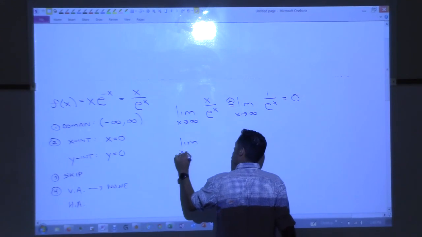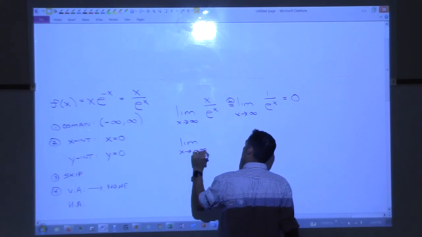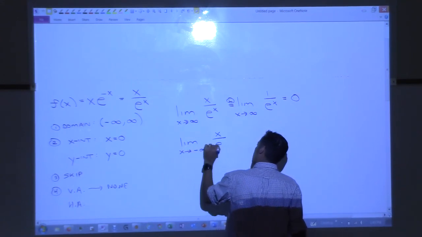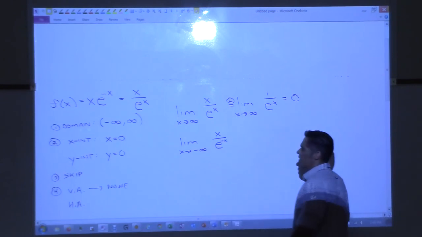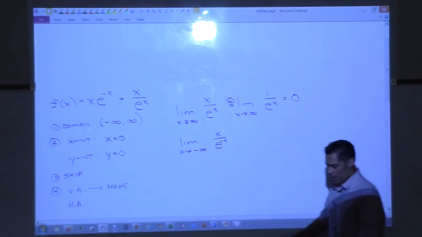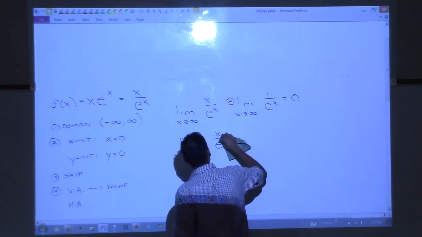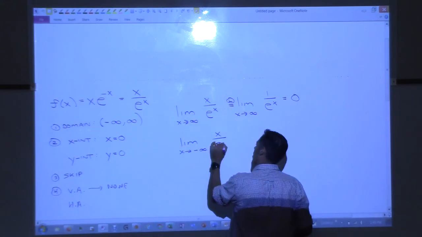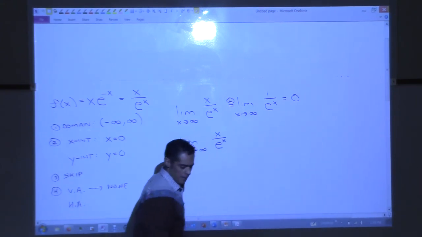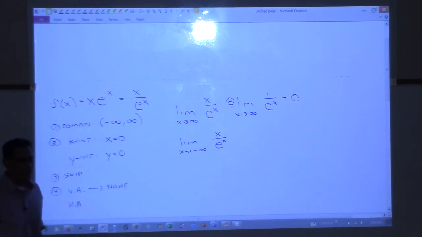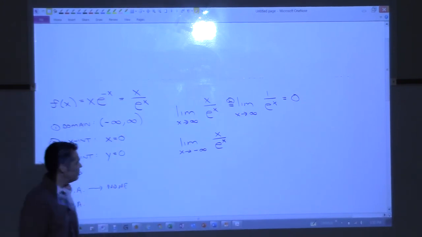Limit as x goes to negative infinity of x over e to the negative x. This one's a little tricky. I don't know why I put negative x there, sorry. So where's the top headed? Negative infinity.